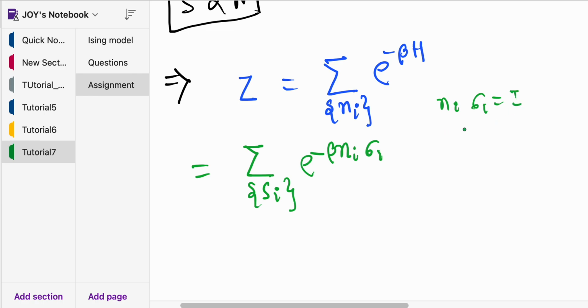Then we can write it like that, with summation over all i.